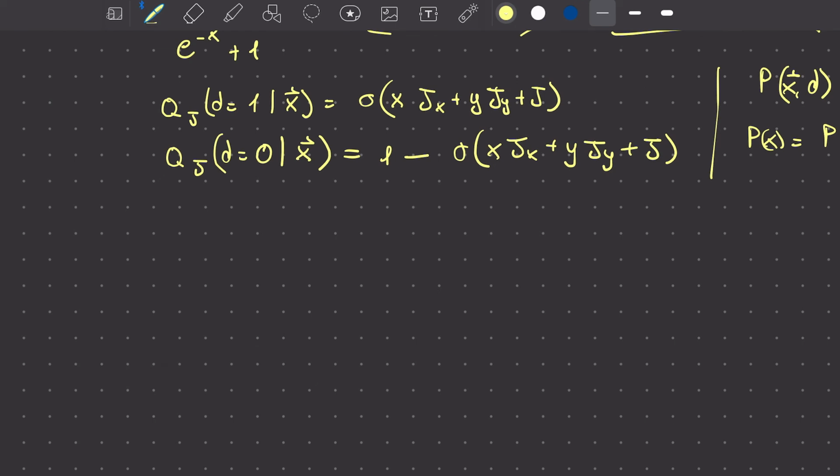So we can use this and Bayesian statistics. As I was saying before, we can go back to what we initially wanted: our model, that is the joint probability of x and d, so our model q_J of d given x times the probability of x.